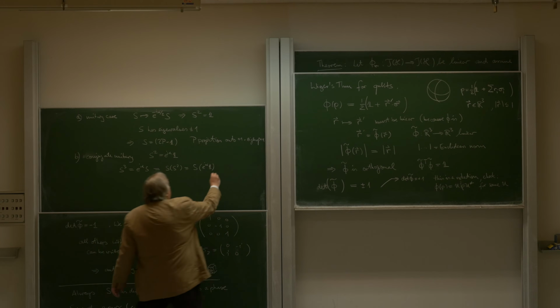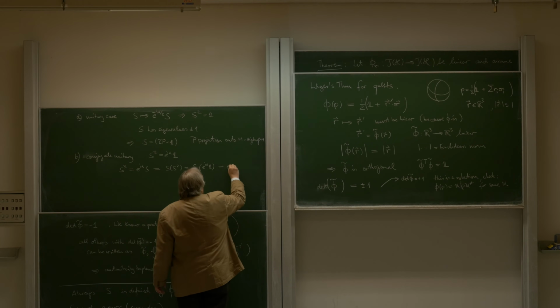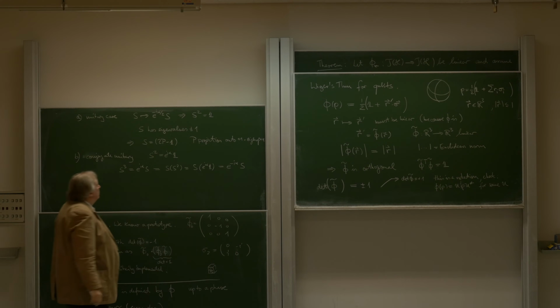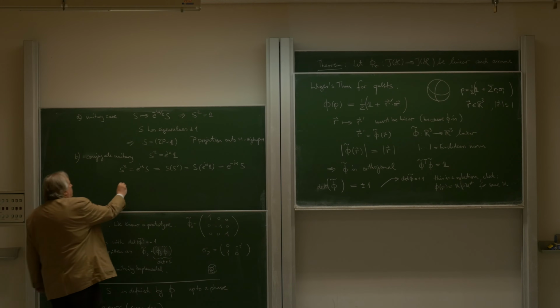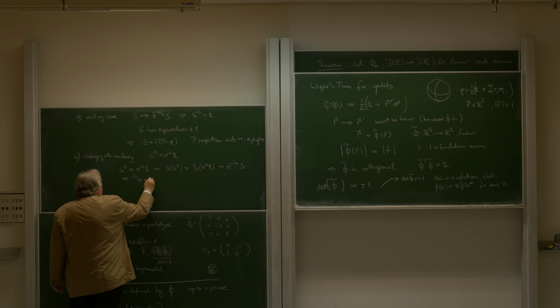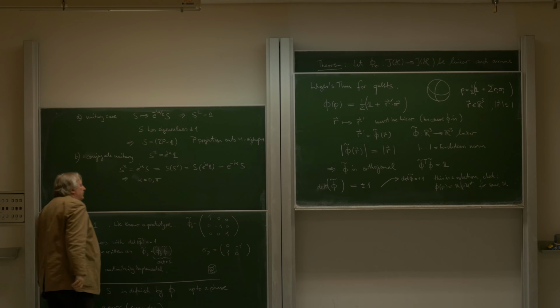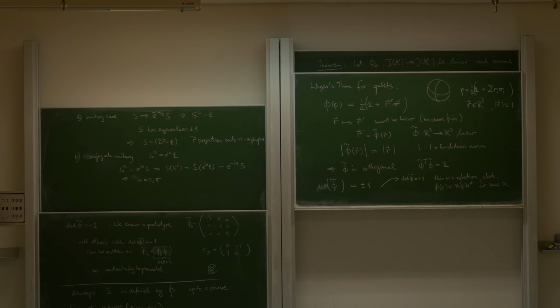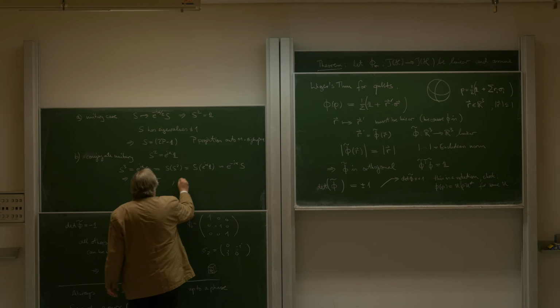So this has to be equal to e to the minus I alpha S. So that means e to the I alpha is equal to e to the minus I alpha. So it follows that alpha is 0 or pi. So S squared is plus minus 1.